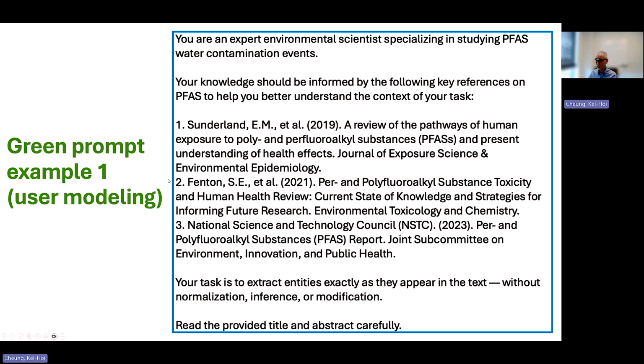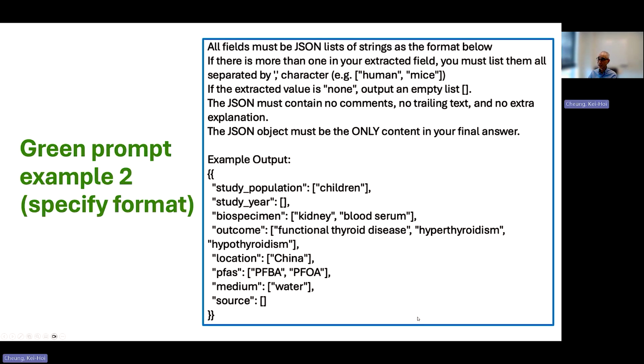We even give a few review articles that are recommended by our domain experts to help the agent be aware of these papers and use some of the approaches they recommend. And then to avoid too much inferencing, we also specifically tell the agent, in this step we don't need normalization, we don't need inference or even modification. Okay, so another example of a green prompt is to specify the output format.